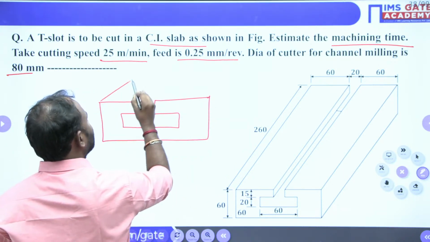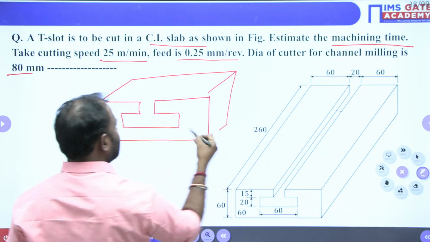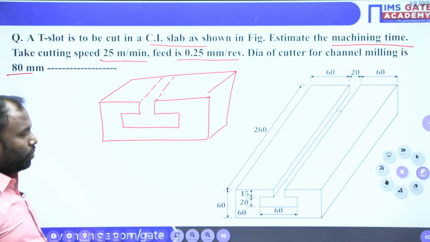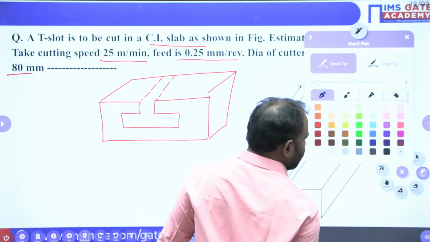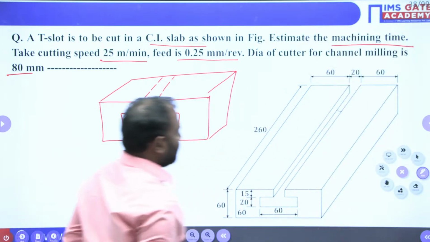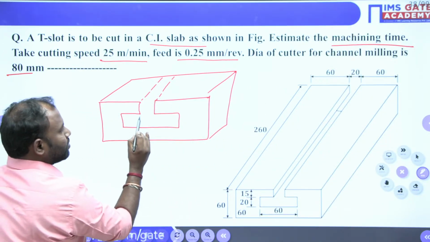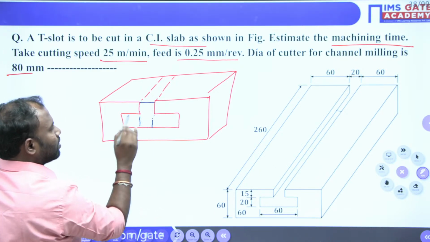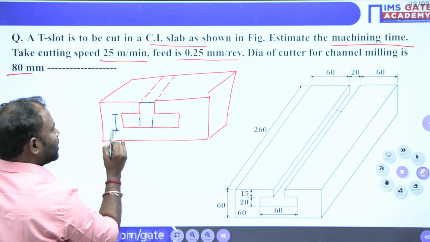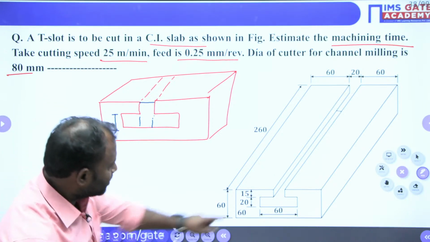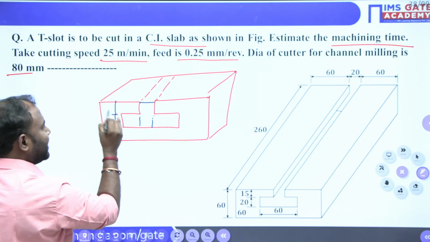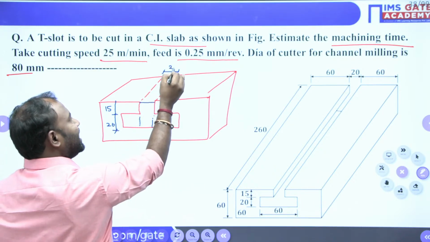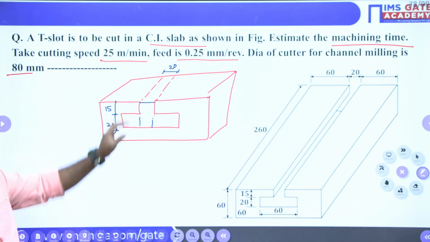See, first we have to produce this slot. So, what is this slot? This is a 20 mm depth, and it is 15 mm. So, 15 mm depth and 20 mm width of the slot we have to produce.